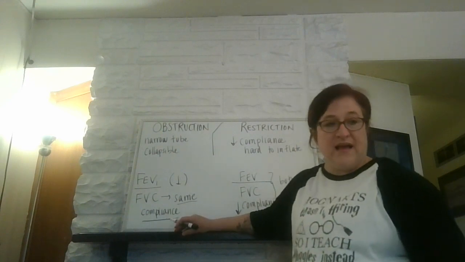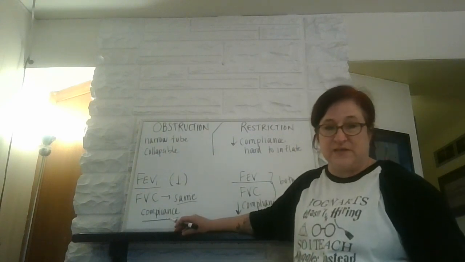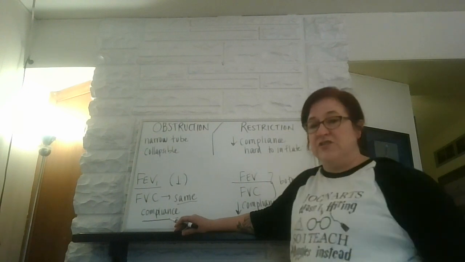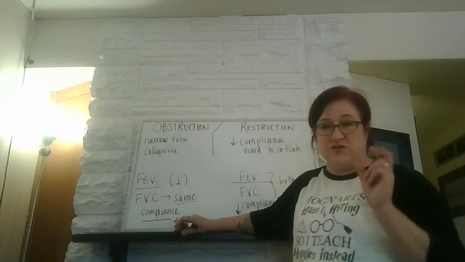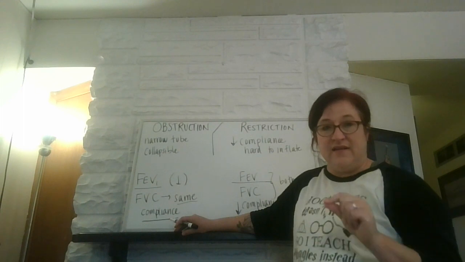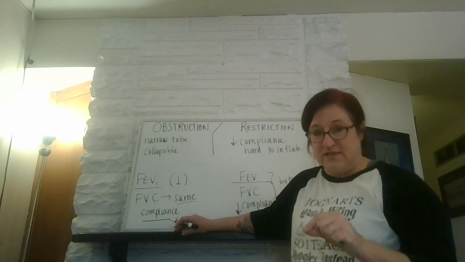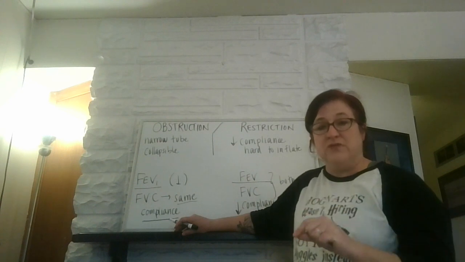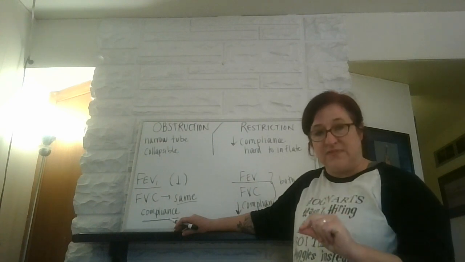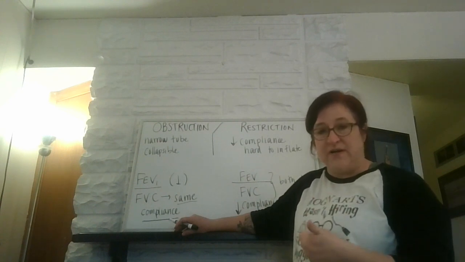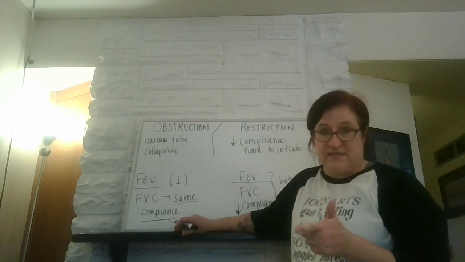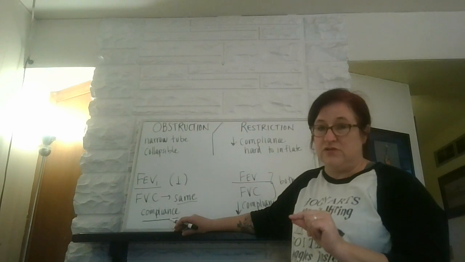When I'm measuring forced expiratory volume in 1 second, I'm trying to see how much air they're able to move over a short period of time. Because I'm forcing them and potentially increasing the pressure in the chest, does the airway collapse? So I'm looking for air trapping, airway collapsing, and a decreased flow rate because of a narrow tube.